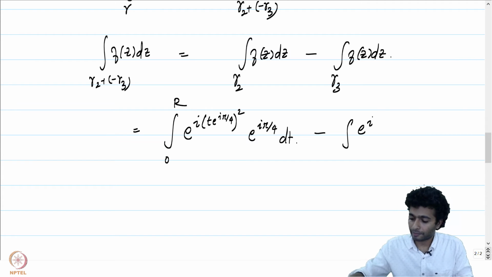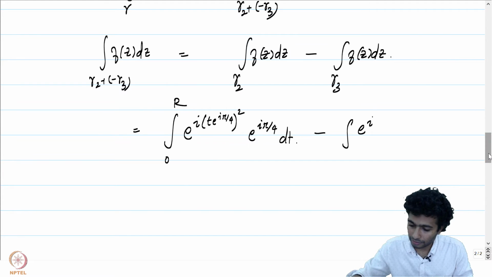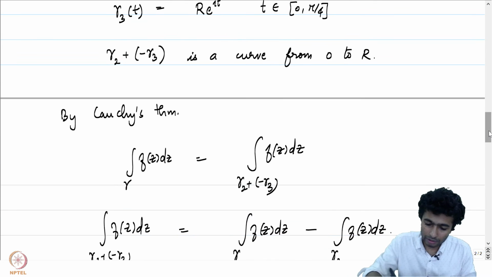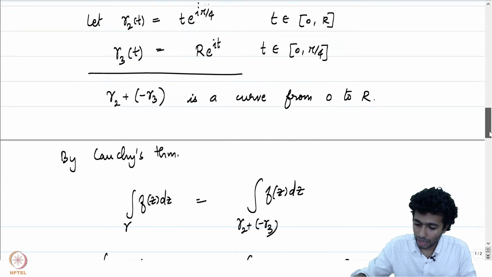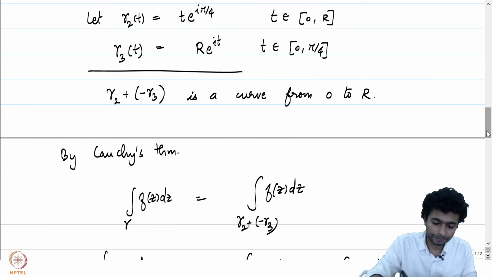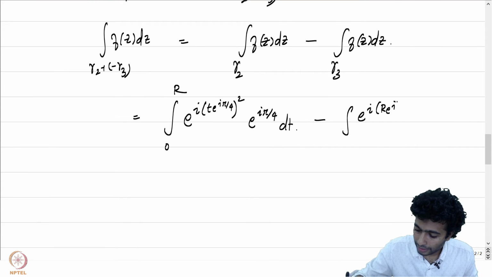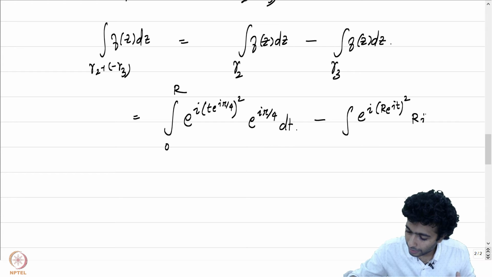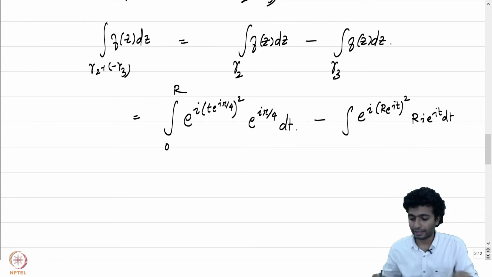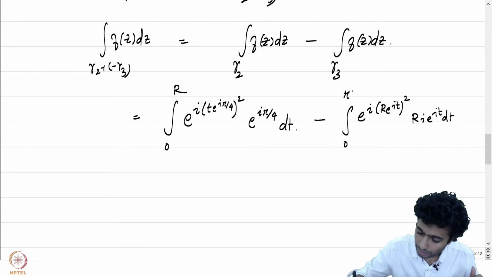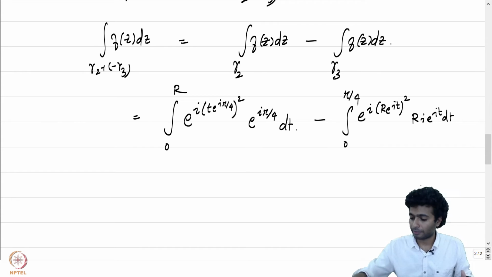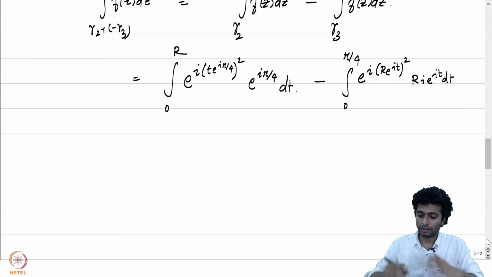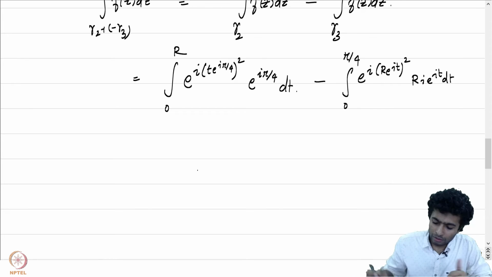Now gamma 3, let's see what gamma 3 is. Gamma 3 is r e to the power i t for t in 0 to 2 pi. So we get r e to the power i t squared times r into i into e to the power i t dt. That is precisely gamma prime t dt. So I am freely using whatever theory we have developed till now and writing the expressions down here.